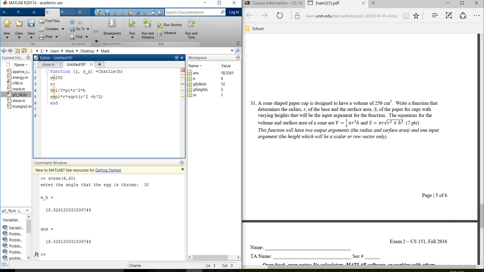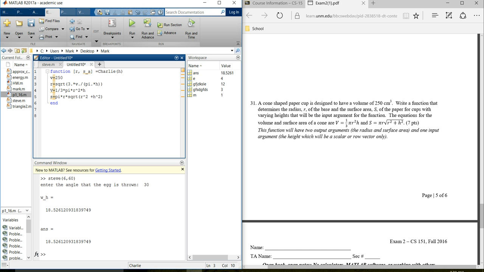R is equal to SQRT of 3 times v divided by pi times h, where I need this to be in the denominator. And h is going to be entered in as a scalar, so this is going to be dot divide. And just for safekeeping, I can say dot times here.